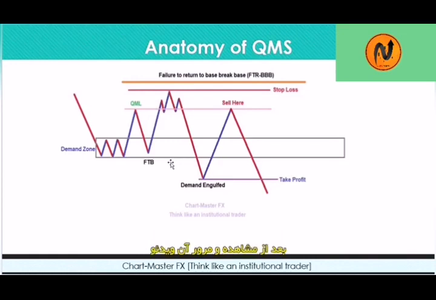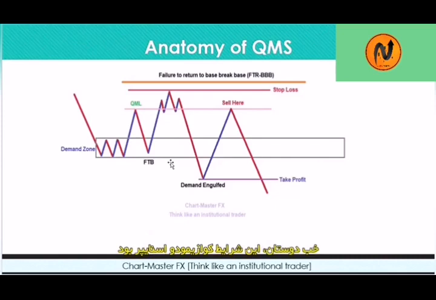Once you watch it and familiarize yourself with the basic Quasimodo, the intermediate Quasimodo, and the advanced Quasimodo, once you have that background, then you can trade this magic comrade. So I'll put the link for that video. It's going to help you. If you have not watched it, you need to go and watch the Quasimodo video.